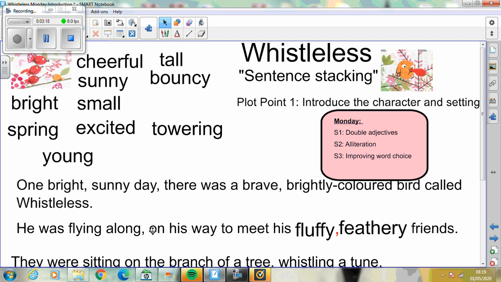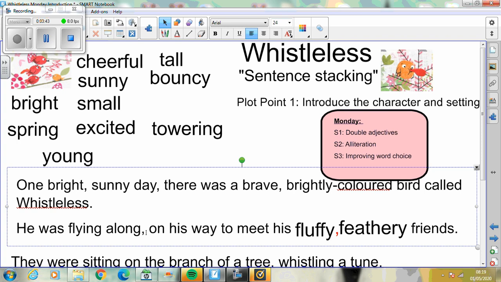We could add in some more detail here. He was flying along. And I'm just thinking how we could describe how he was flying along. I wonder how he was feeling.